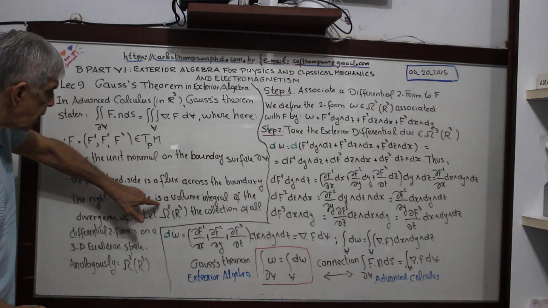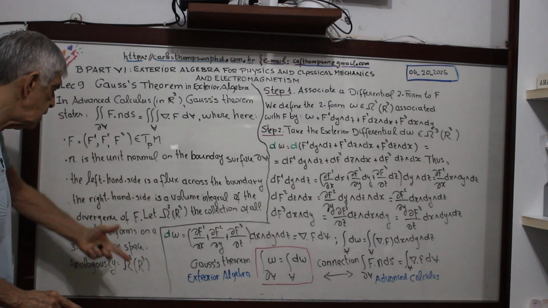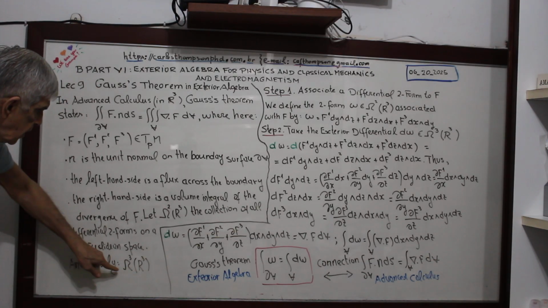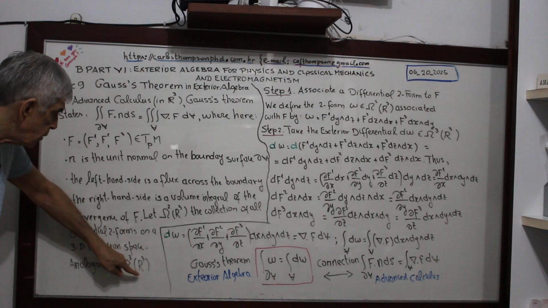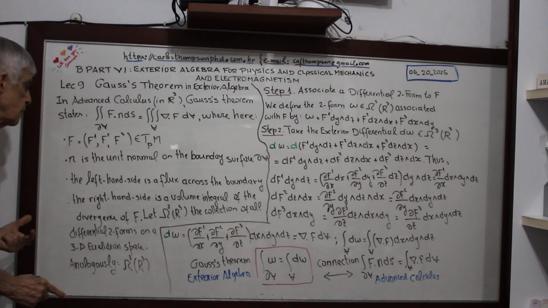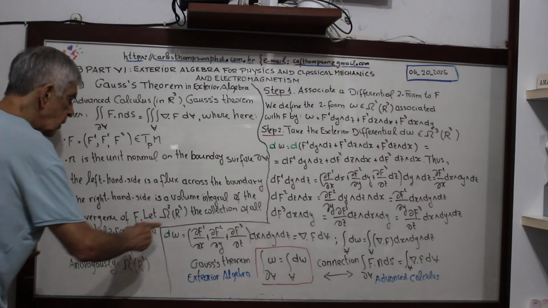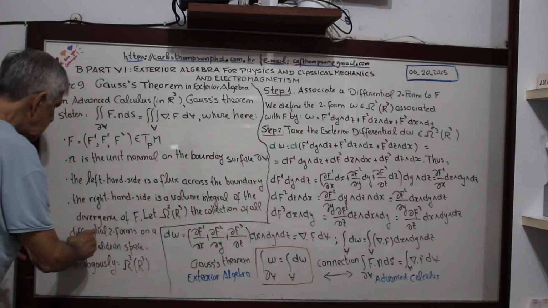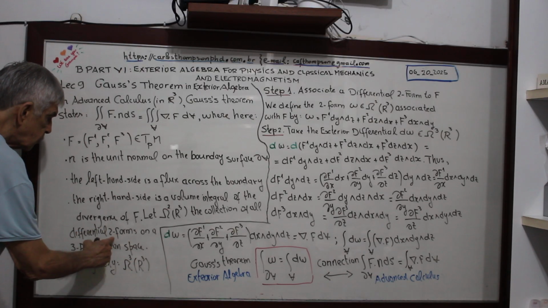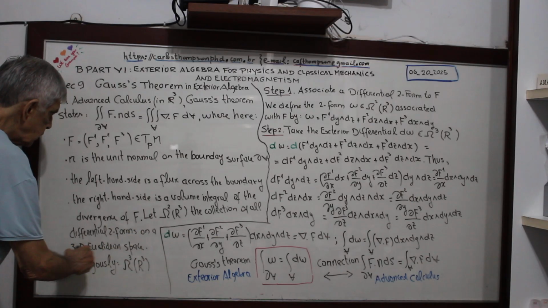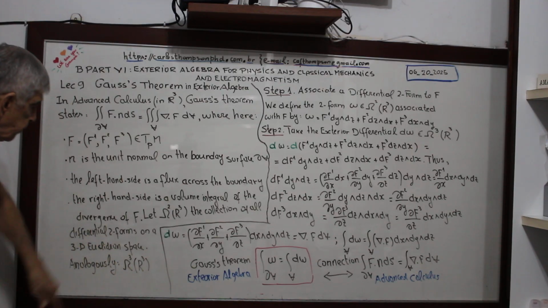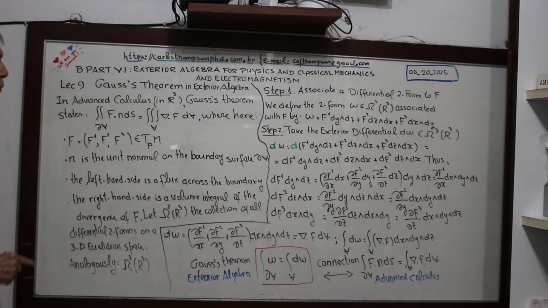Likewise, analogously, omega 3 of R3 is the collection of all differential three forms on a 3D Euclidean space.